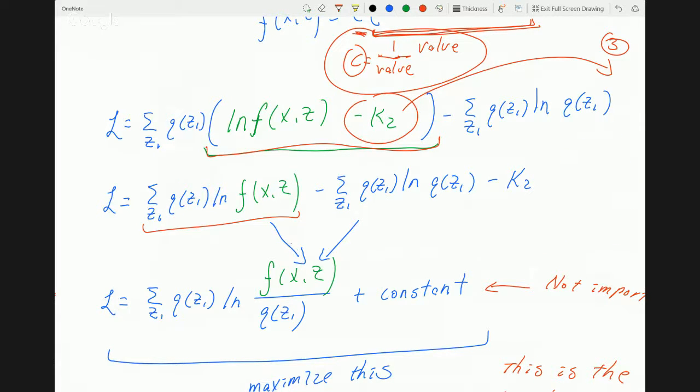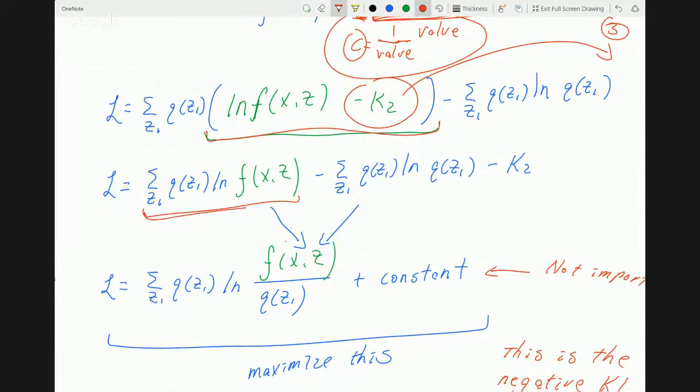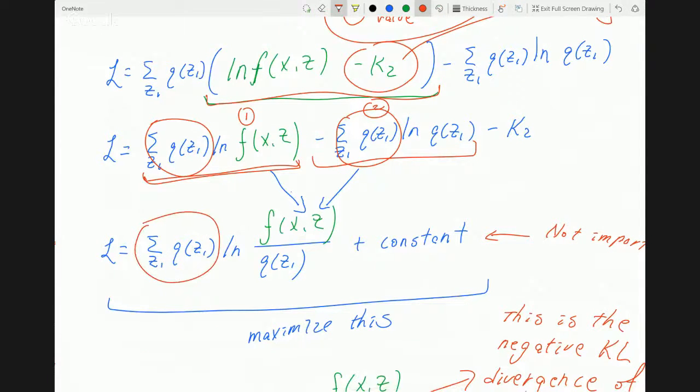Now, over here, I can combine part 1 and part 2. Because notice this is the summation of QZ1. We can combine the summation of QZ1 here, both goes here, and we'll combine the log.